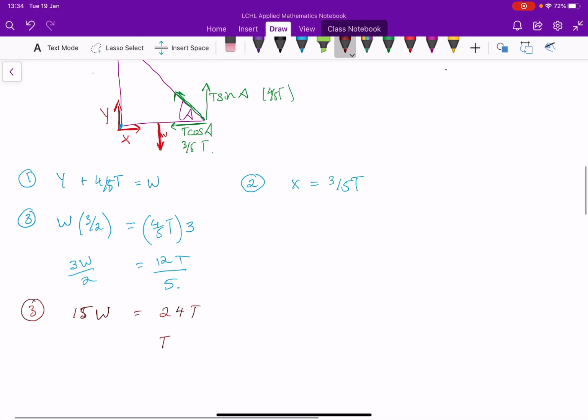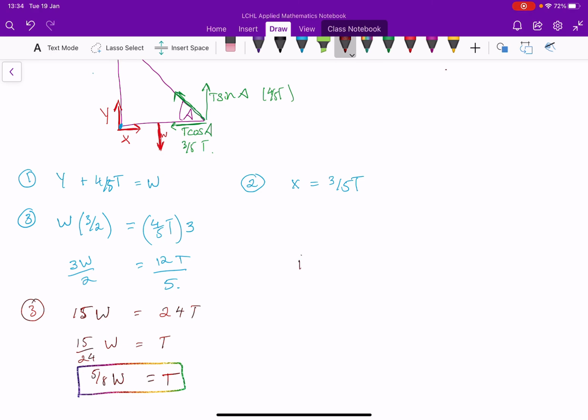So T is equal to 15 over 24 W, and 15 over 24 simplifies to 5 over 8. So T is equal to 5 over 8 W. That's my tension, done.